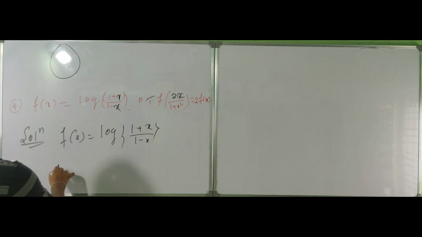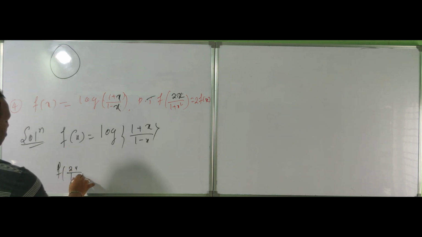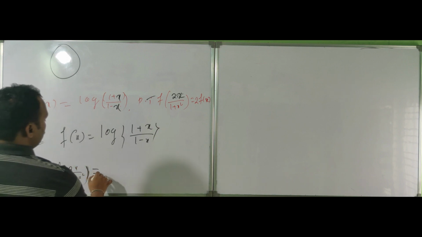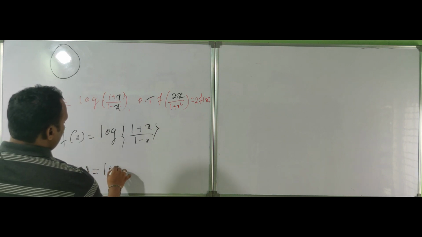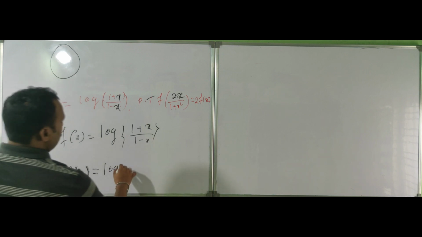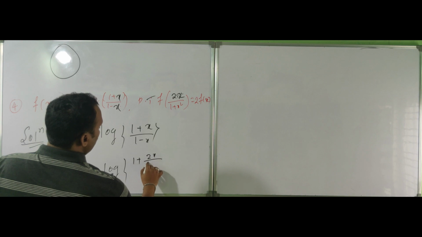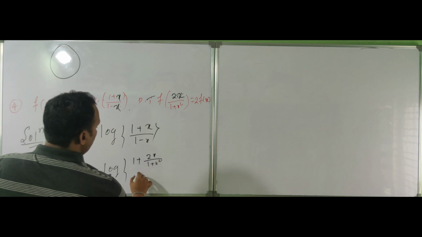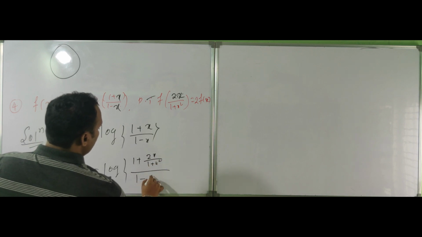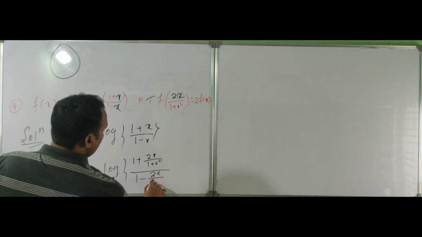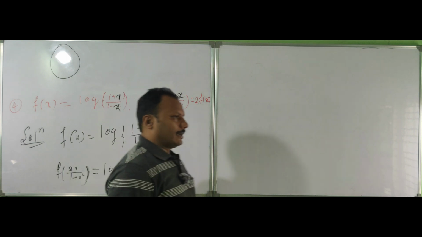Then f of 2x divided by 1 plus x square becomes log of 1 plus 2x divided by 1 plus x square, divided by 1 minus 2x divided by 1 minus x square. Next, just simplify it.